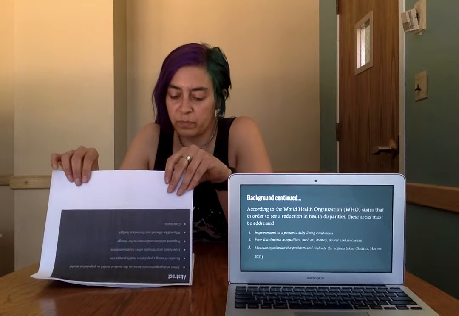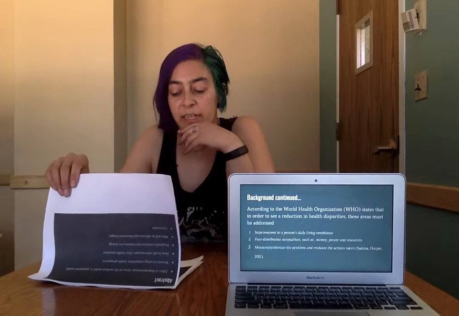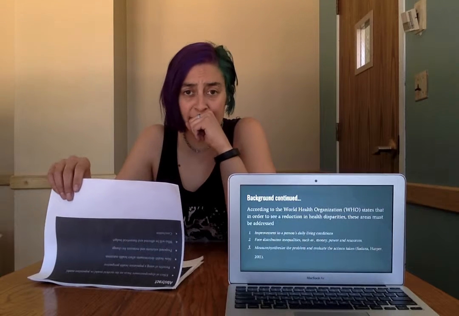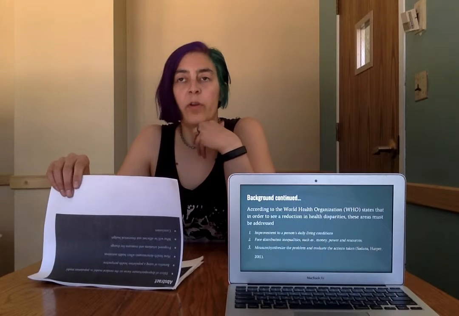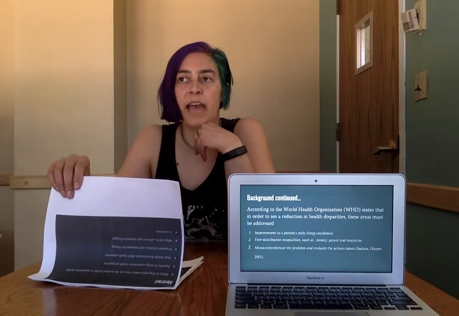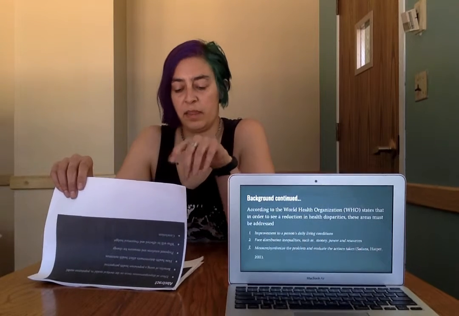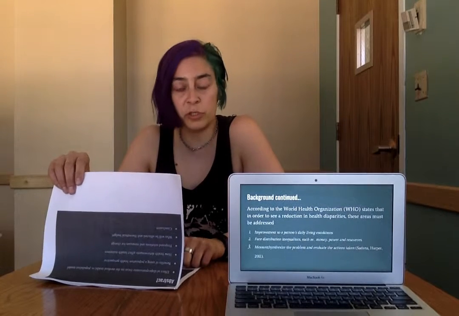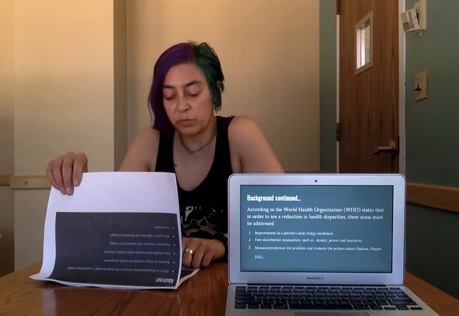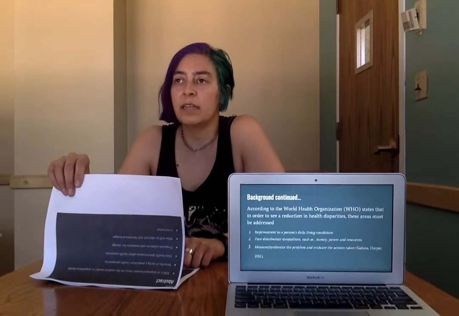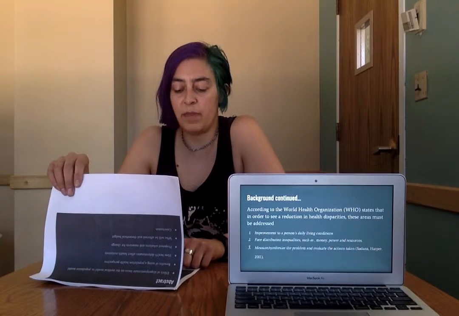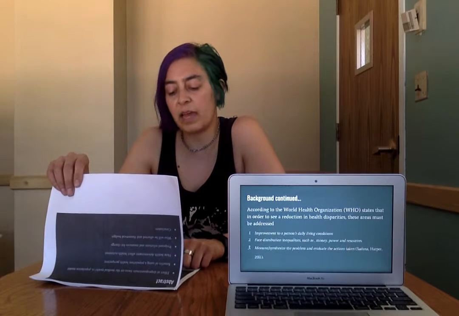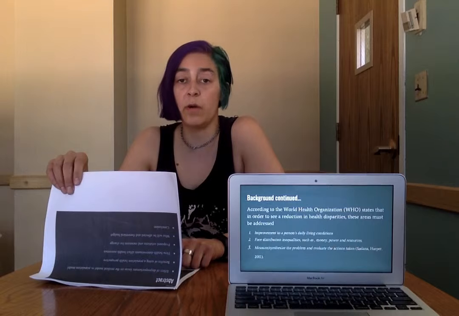So, according to the World Health Organization, they see three critical components as needing to be addressed in order to actually reduce health disparities. One was improve a person's daily living conditions. Two, face distribution inequalities, which I think is possibly one of the hardest, if not the most significant, because that's something somebody can definitely not do on their own.